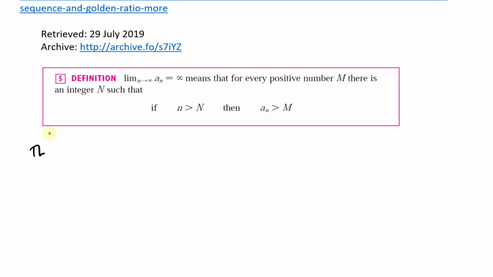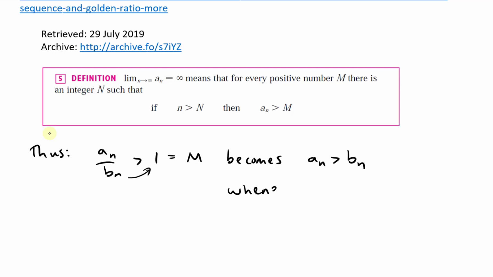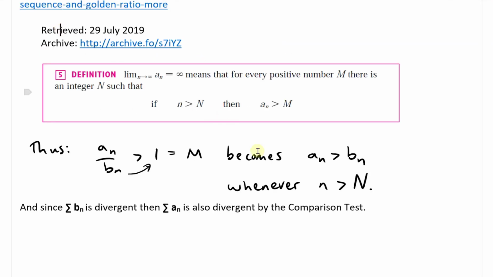So for our case, what we have is an over bn is greater than 1, which equals M in this scenario. Then we move the bn to this side, so we get an greater than bn, whenever we have n greater than capital N. So the terms an are bigger than the bn terms.